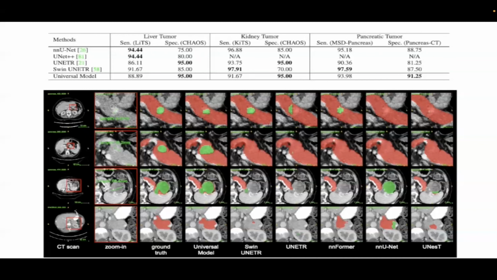It is also good to note here that the universal model is able to generalize well within this organ segmentation, and it's not generating many false positives of tumors. And for other examples, I refer the readers to the appendix.